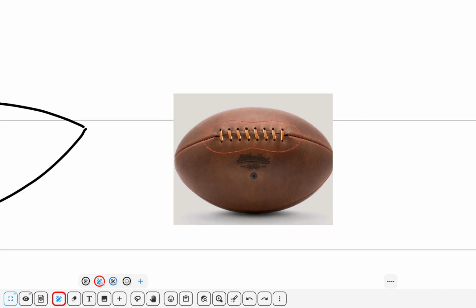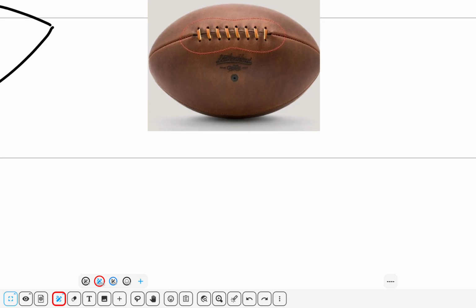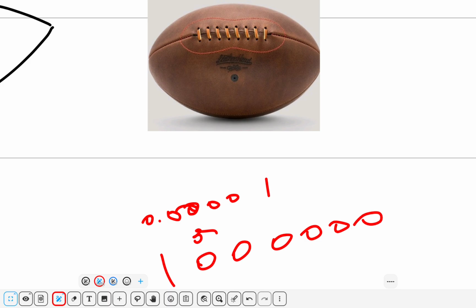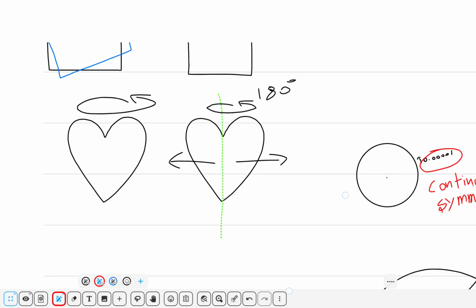So this is a continuous symmetry, and I am mostly interested in continuous symmetry right now. Discrete, I won't talk about it much. Symmetry is where it doesn't matter how small or big the translations are.